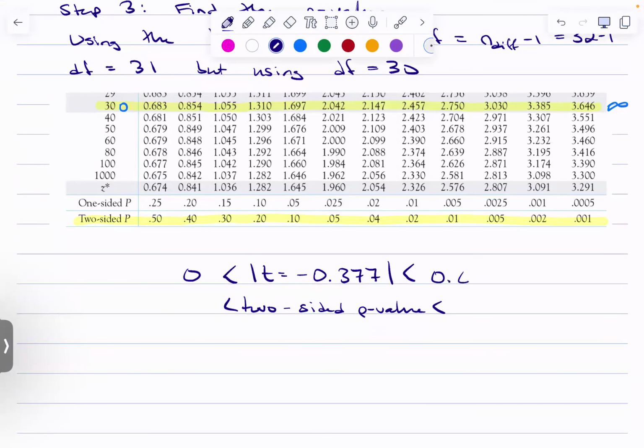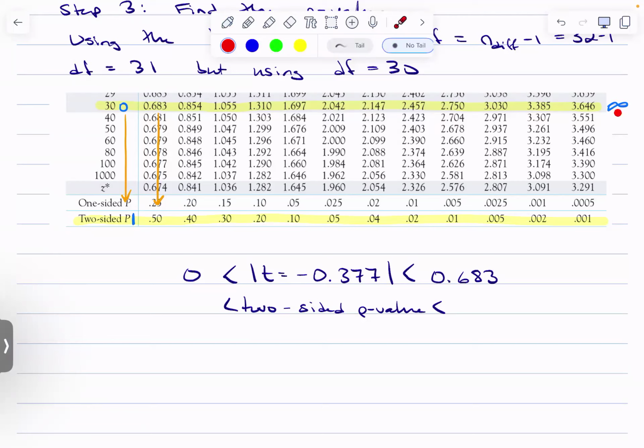So I'm somewhere between 0 and 0.683, which means my two-sided p-value at 0, I'm in the very center, and I want to know how much area I have in both tails. Well, it should be 1, and so here, this would be 1. So it's between 0.5 and 1.